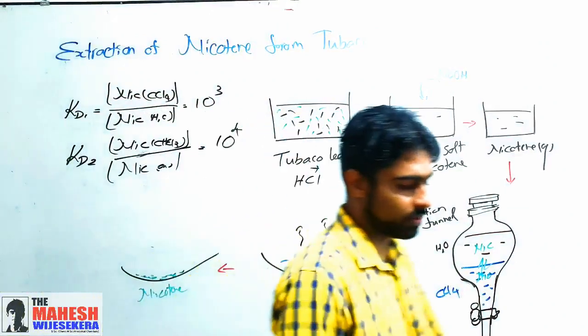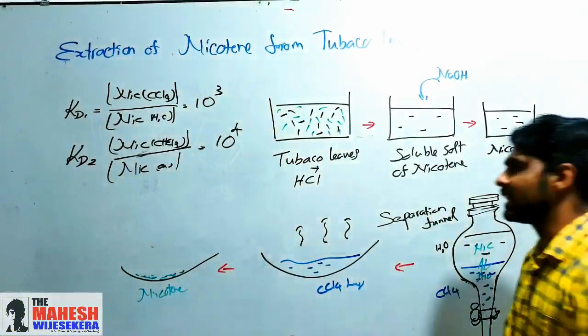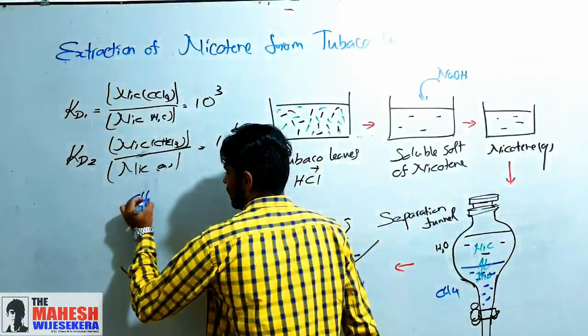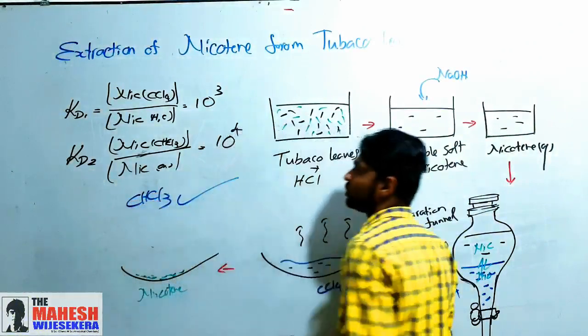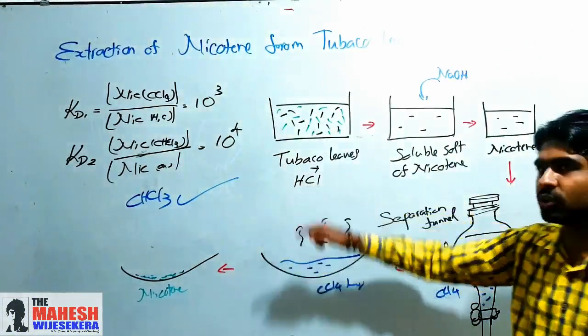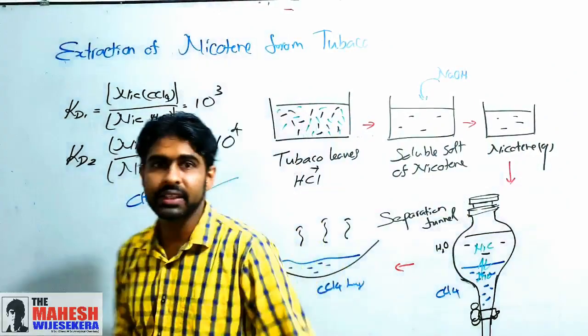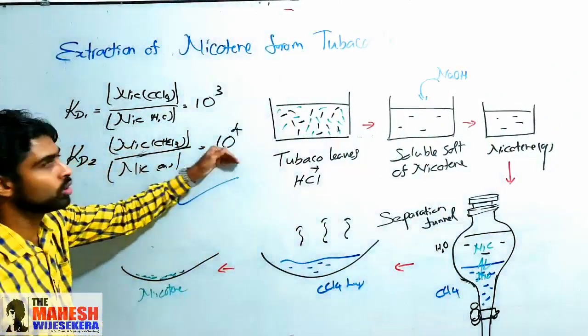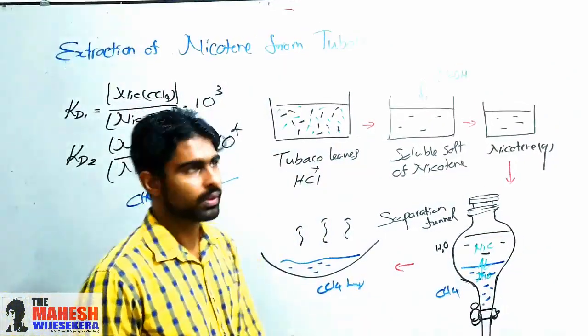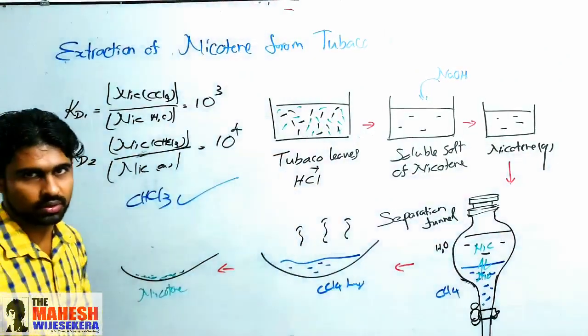CHCl3 is more suitable. Why? Because you can extract more nicotine into the organic layer. That is really important.